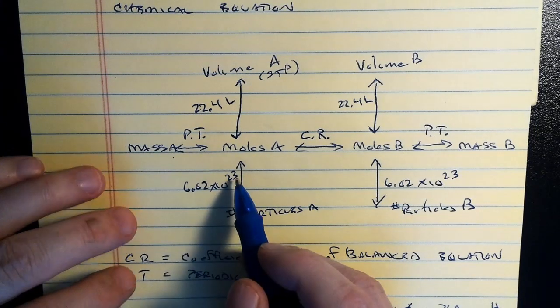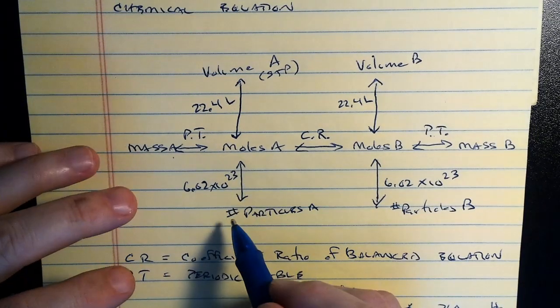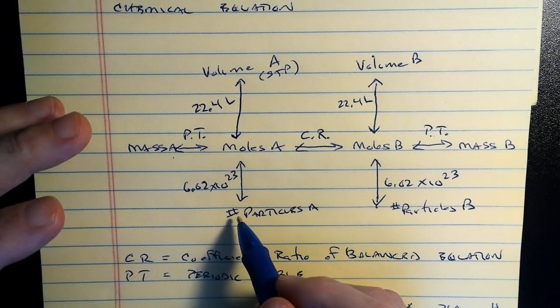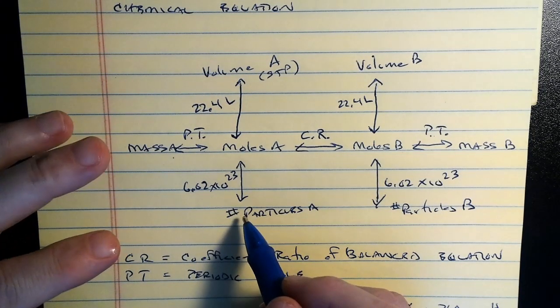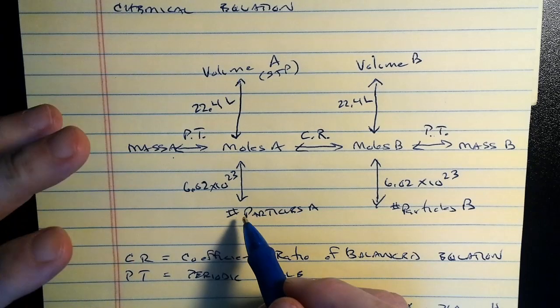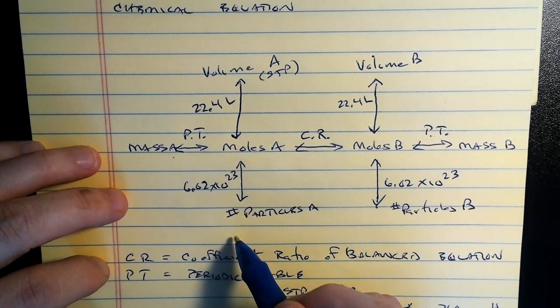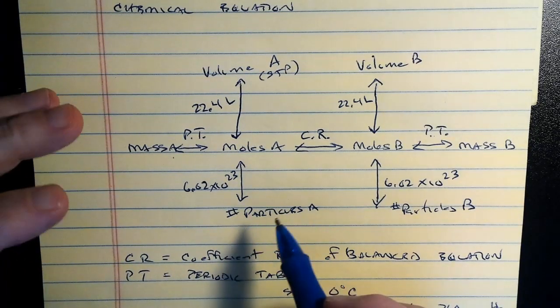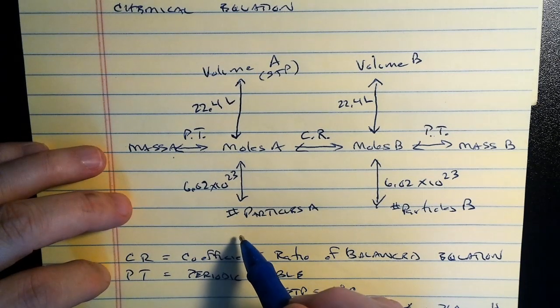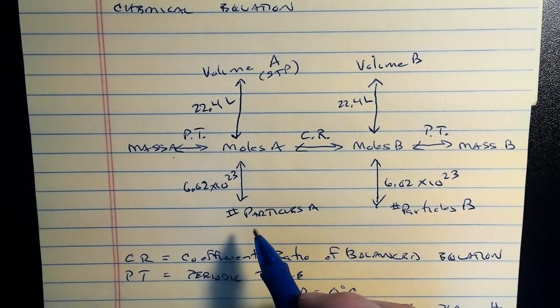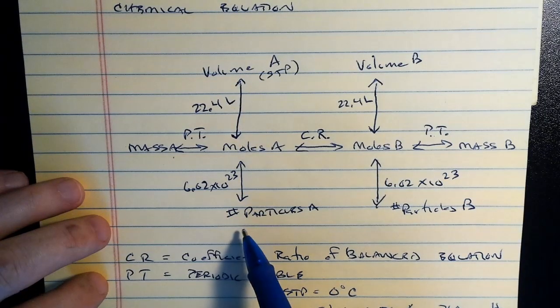You have this many particles in 1 mole of anything. It could be a mole of bricks, a mole of students. It could be elements. It could be molecules. It could be formula units. It could be really almost anything.